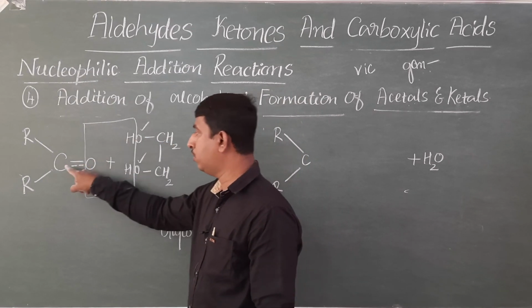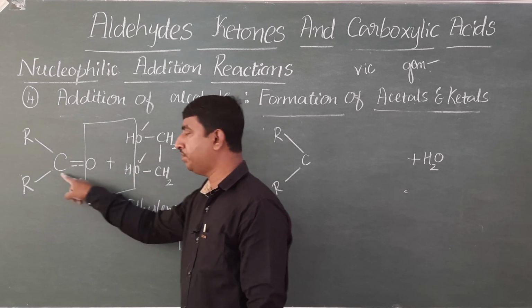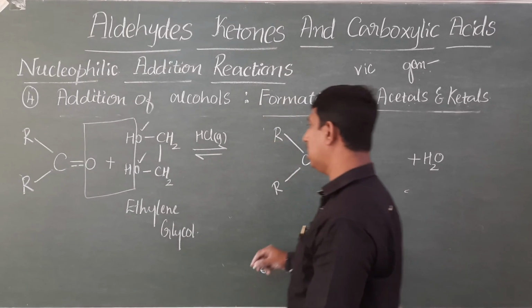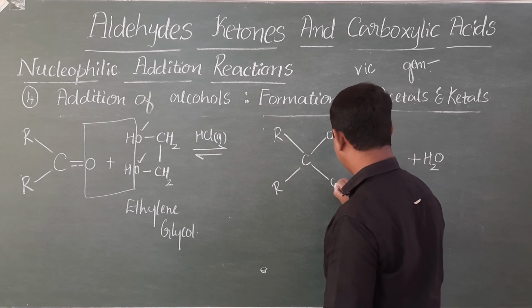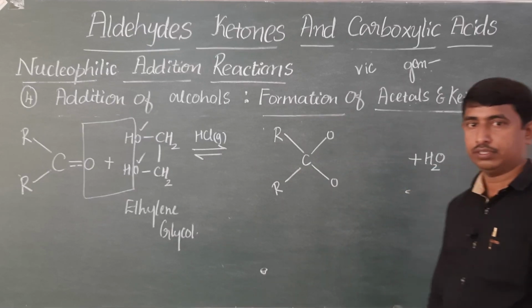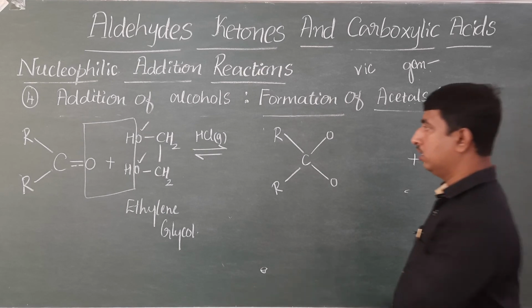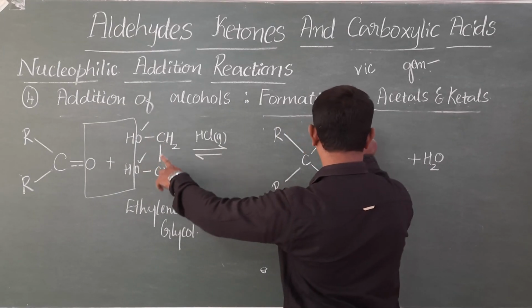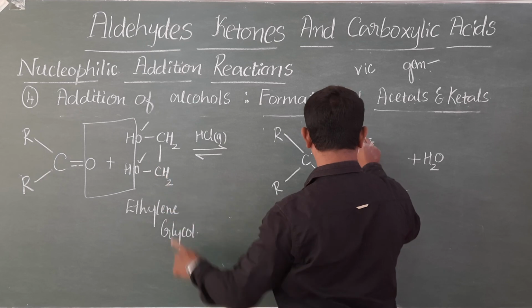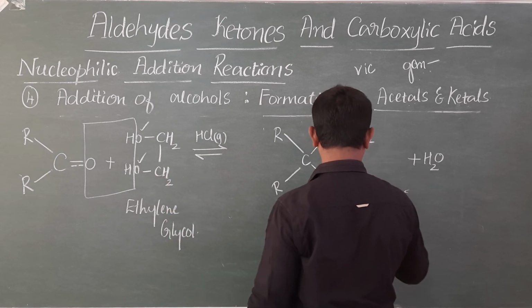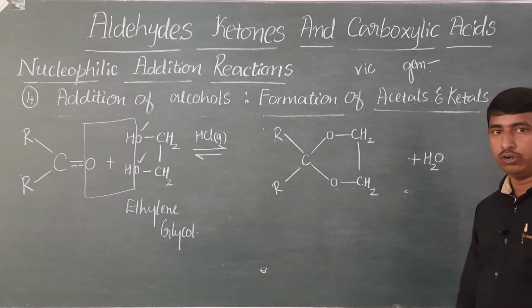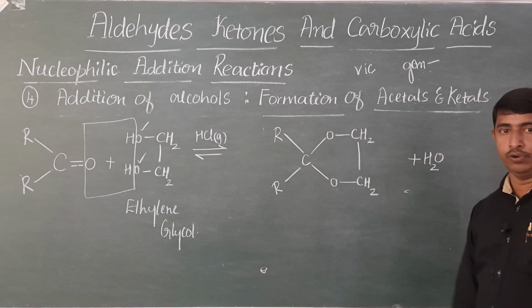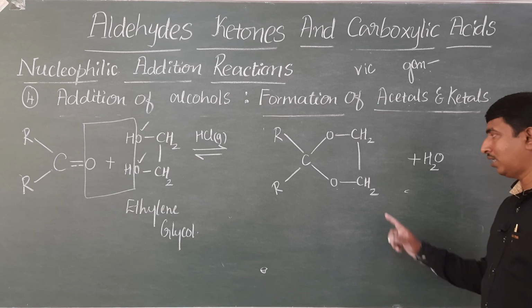So this oxygen forms a single bond, this oxygen also forms a single bond with the carbon like this. It is O, again it is O. Next, CH2 single bond CH2. Here also we have to write a single bond. Now this is a cyclic compound, highly stable cyclic compound.